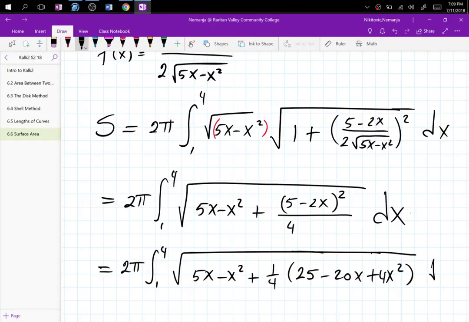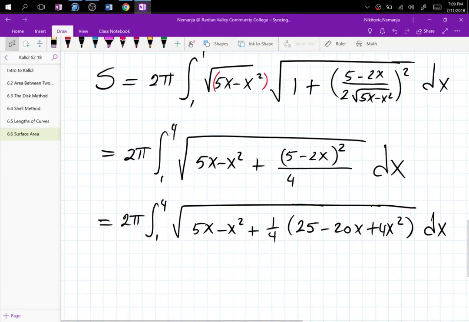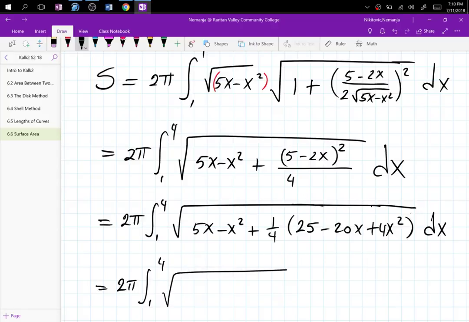Yes. Because we see that 1/4 and a 4x squared knocks off x squared, and you have a linear for u sub. So, yay. 2 pi integral 1 to 4 square root of, 1/4 will go in, and what do we get? So the x squared and the 4x squared cancel because of the quarter in front. That's negative x squared and a positive x squared.